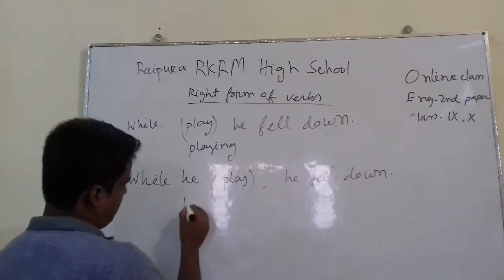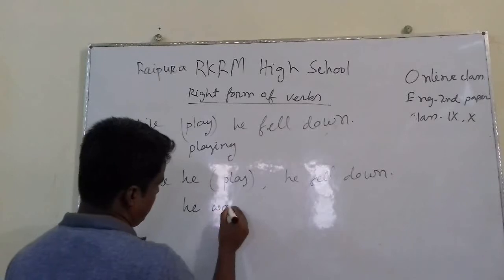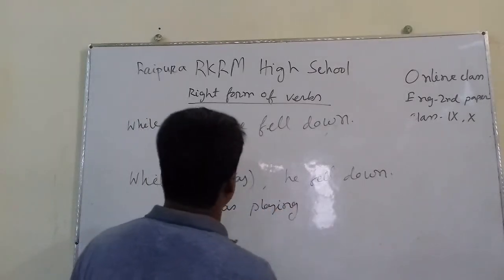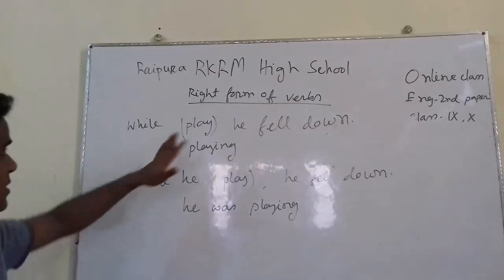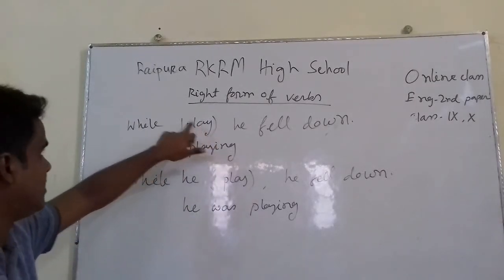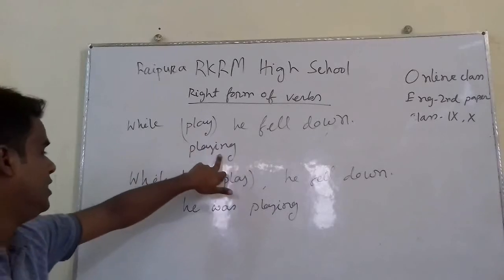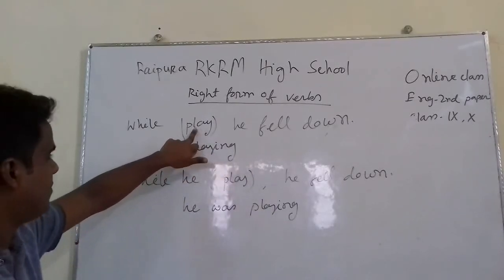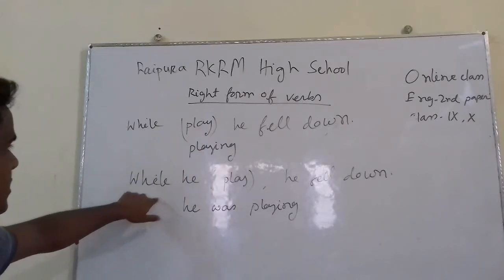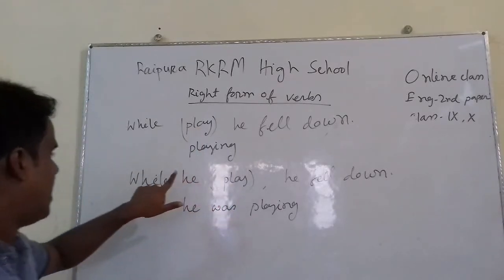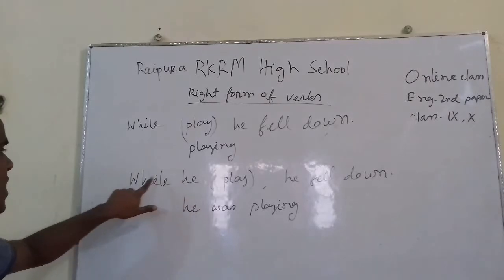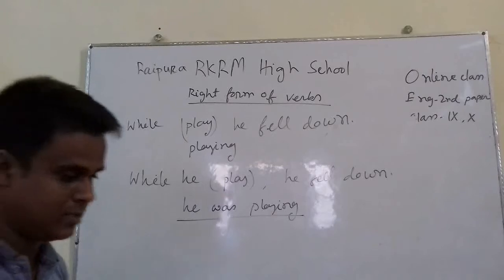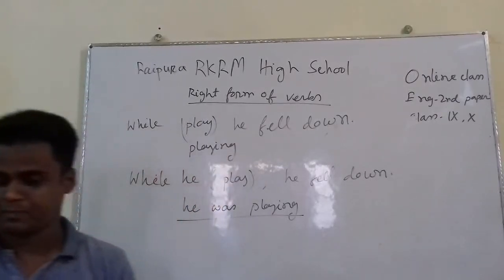We know the structure of past continuous tense: we will use was or were, then ing. So if the verb is immediately after "while", then we will use the ing form with the main verb, and if the verb is after the subject, then: he was playing. So I hope this is also clear to you.